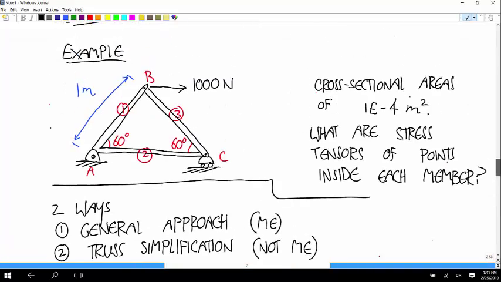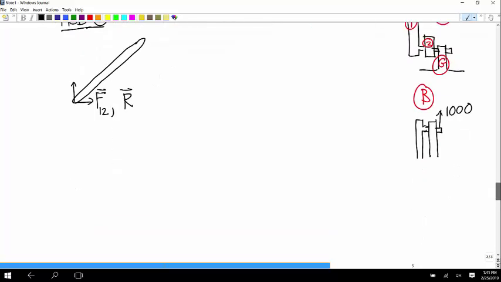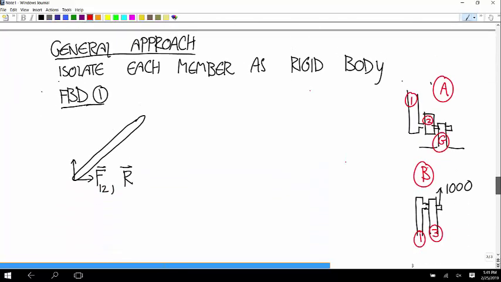And then we have that 1,000 Newton force applied to the pin. So here's member one, here's member three. So up here at joint B, what loads are applied to member one? Yeah, F13, and the 1,000 Newton force because that's applied to the pin.